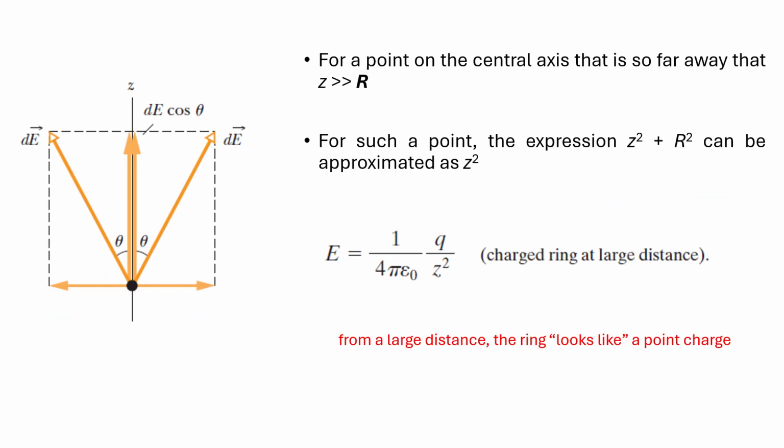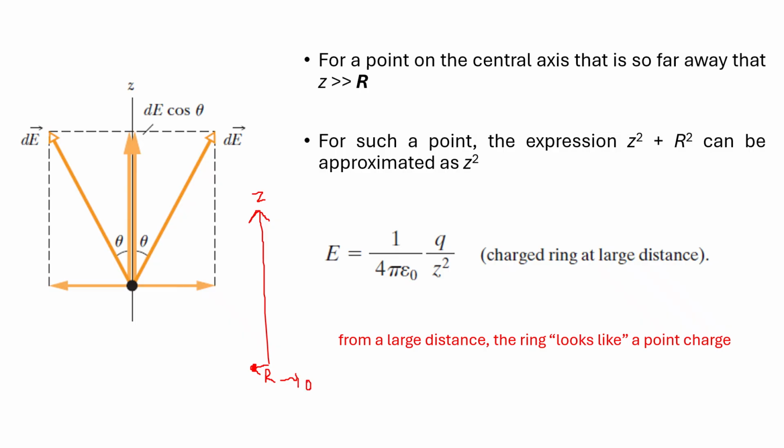For a point where z is higher than r, let's say z is larger and r is very small, the charge looks like a point charge. It looks like a point charge because r approaches 0, very small, close to 0, very near to the center.